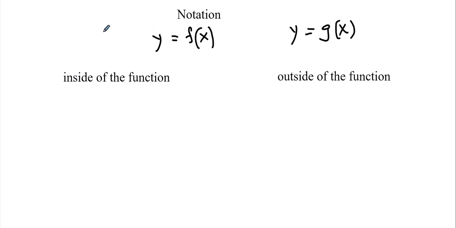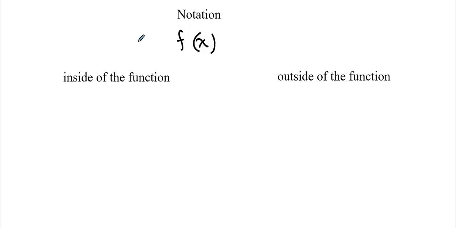I'm going to introduce this idea of inside the function and outside the function, and I'm going to do this both in a generic way and with a particular example. So if I have a function, I'll call it f of x. That's the original function.